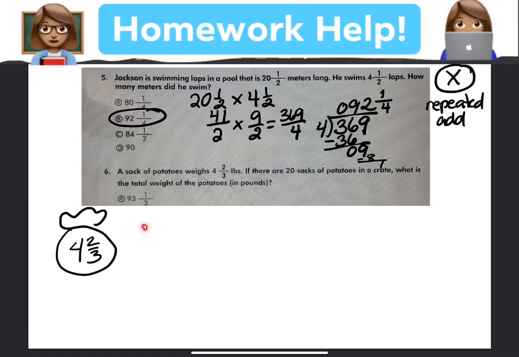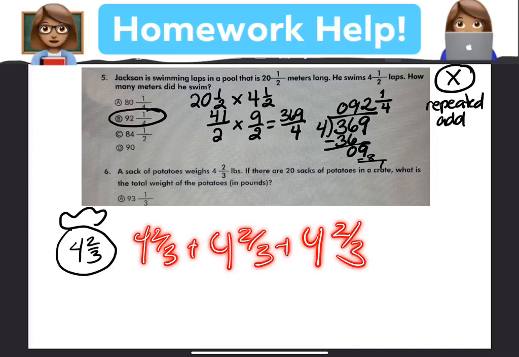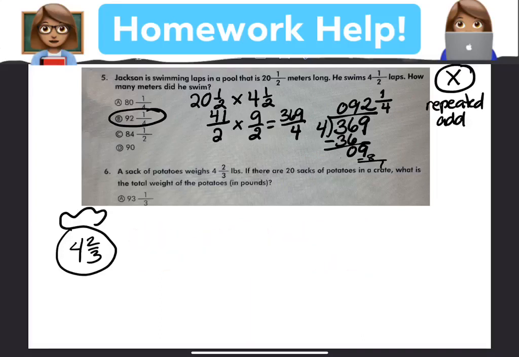You're thinking I have another sack and another sack and another. I have 20 of them, but they're all going to have the same number. So again, repeated addition, so I'm just going to multiply. I'm going to do 4 2/3 times 20. I'm going to put it over 1 because we need a second number to multiply.